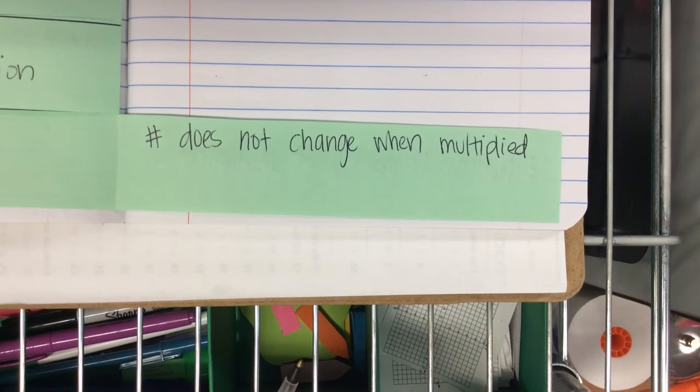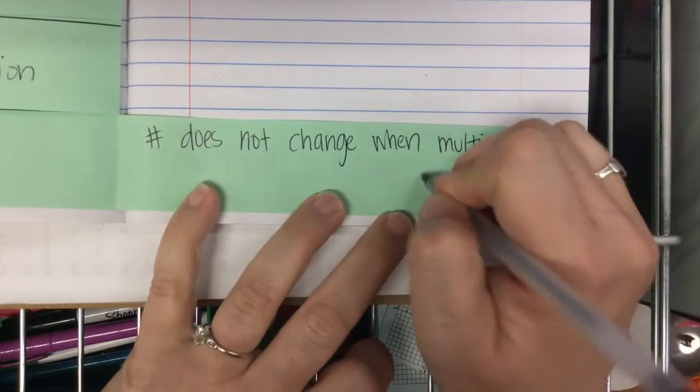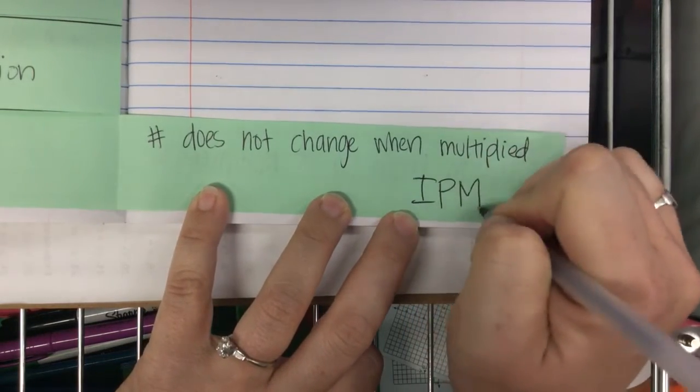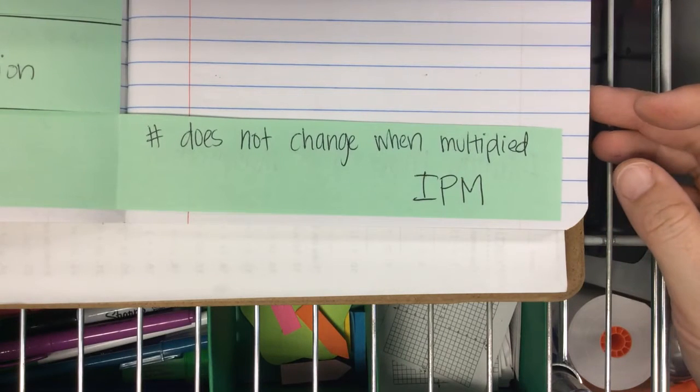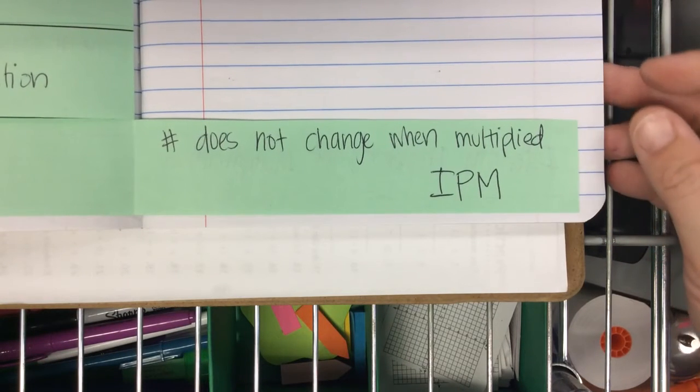It keeps its identity. And this one is IPM. The number does not change when multiplied.